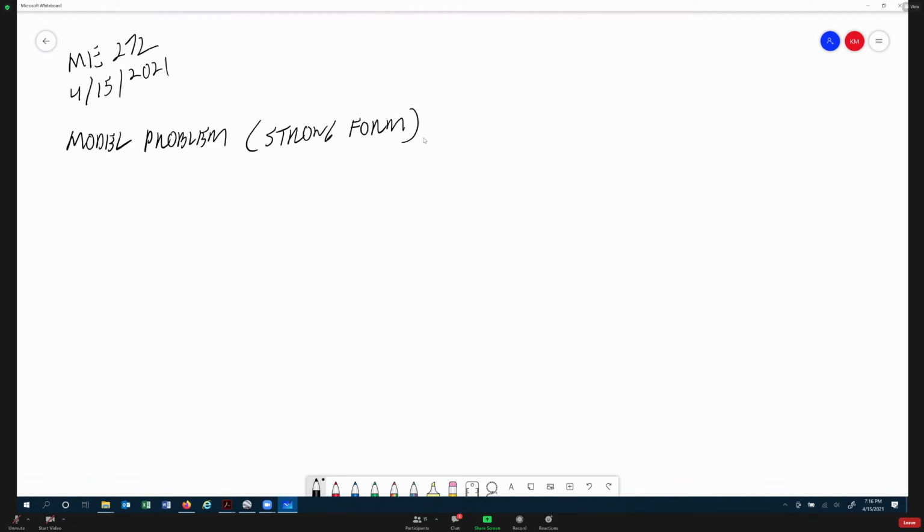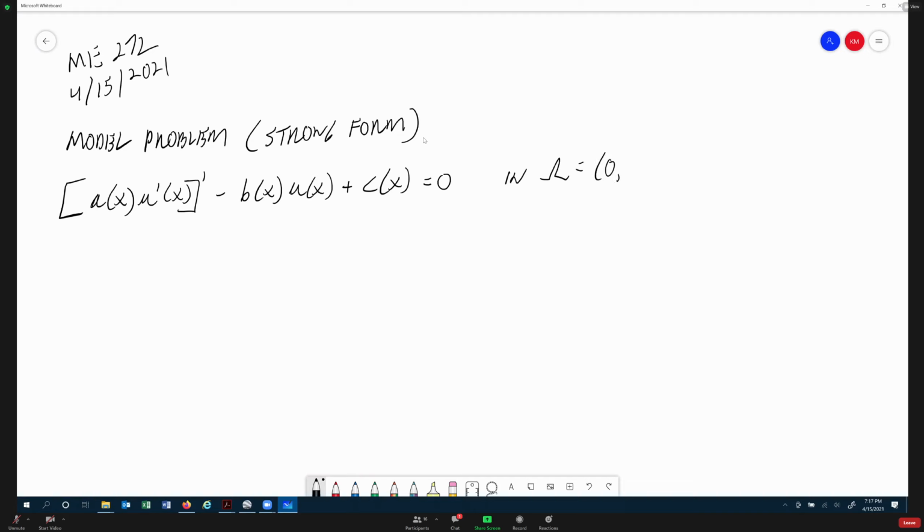So let's write this out. For this particular problem, we're going to say that we have this a of x, u prime of x, and we're going to have the derivative of that, minus a body force, b of x, u of x plus c of x is equal to 0 in omega equals 0 to L. And we're going to say the boundary conditions are u of 0 is equal to 0, u prime of L is equal to 1.